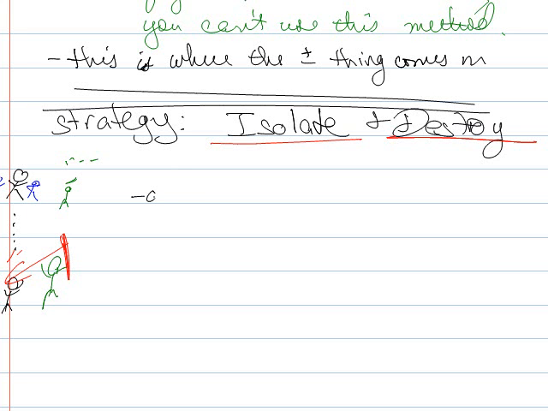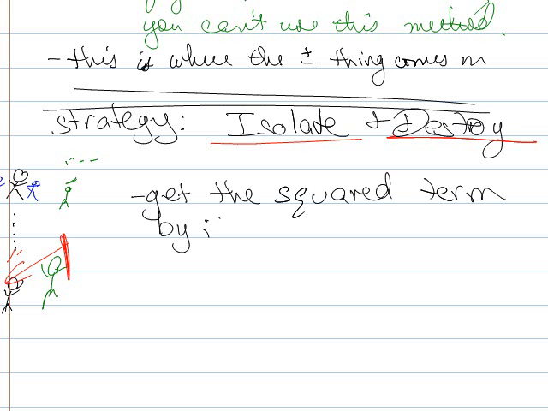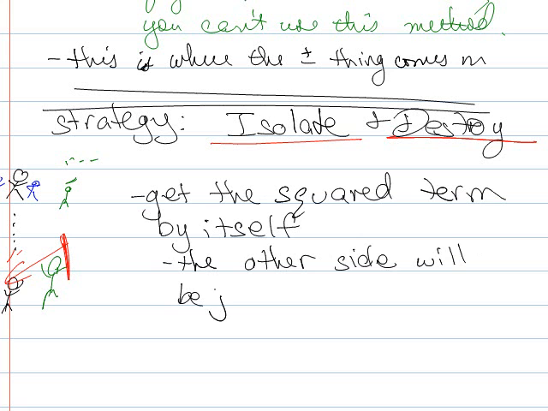You're going to get the squared term by itself on one side. So the other side will just be a plain number. Remember, we don't have any extra x's around.